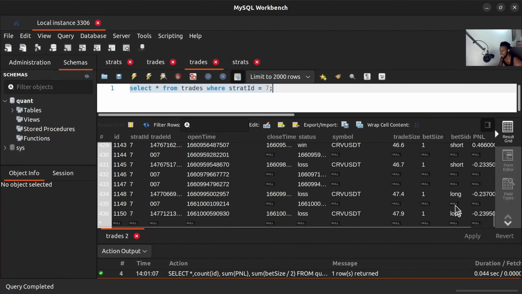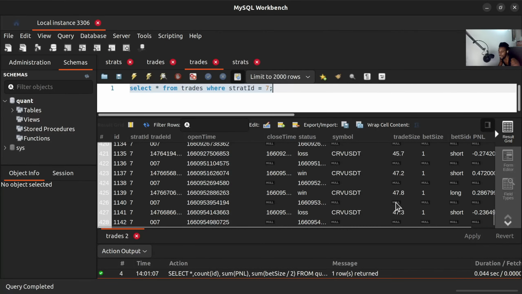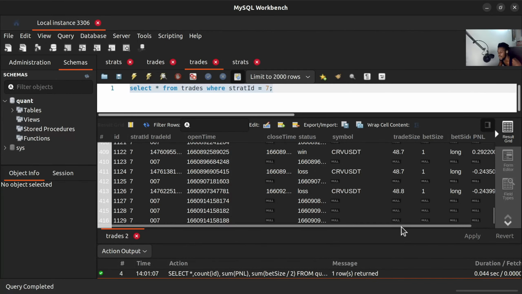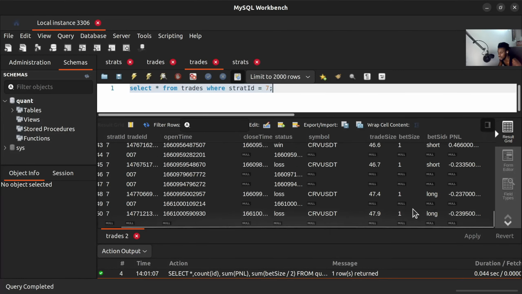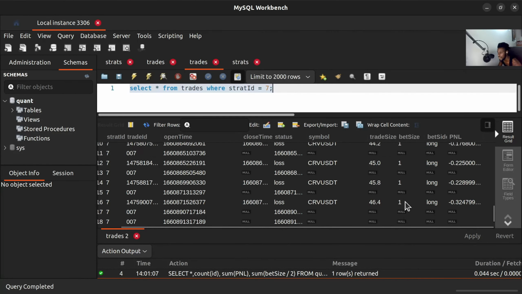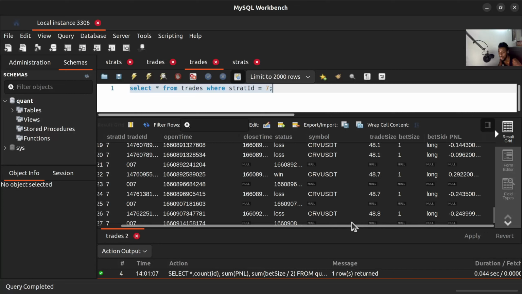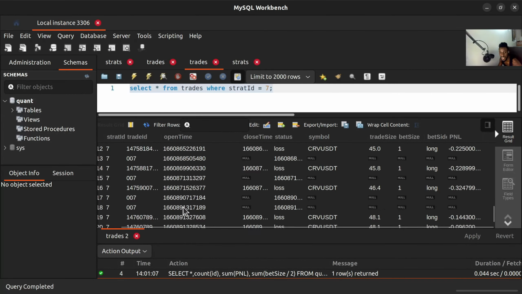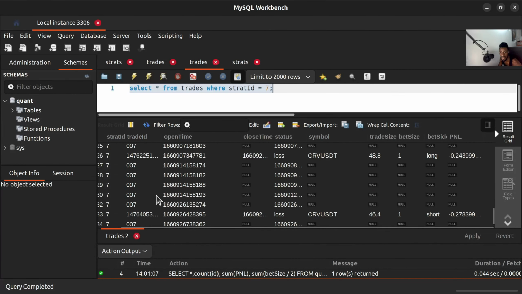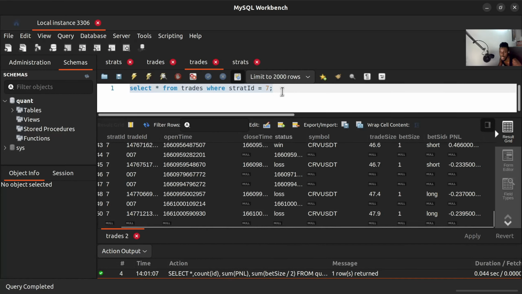As you can see, I'm kind of testing it out here, and like CRV, which is Curve Finance, I think. I really have no bias towards these cryptocurrencies. I just test what looks good, and I want to get the 007s out, because that was just a little bit of a signal for me.